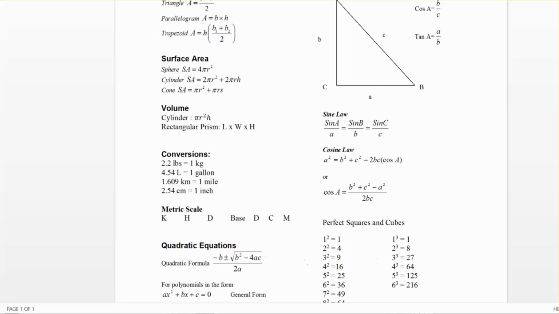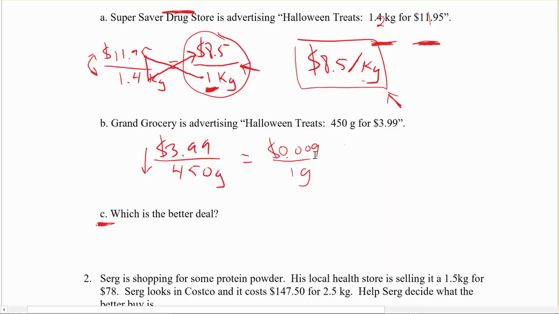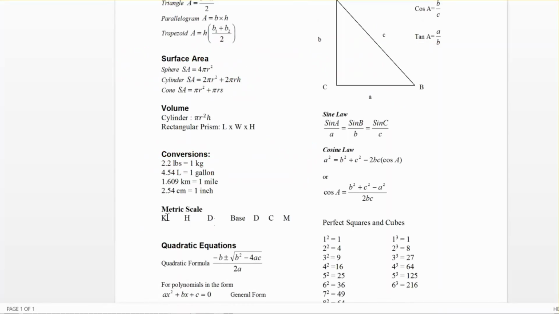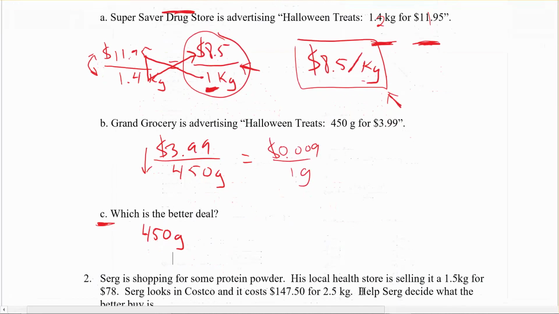So right now, I'm at 450 grams, right? I'd like to be at kilograms. According to your formula sheet, it's 3 different, from kilograms to the base unit. In this case, the base unit is grams. So if I want to change 450 grams into kilograms, all you have to do is imagine there's a decimal at the end of this thing.